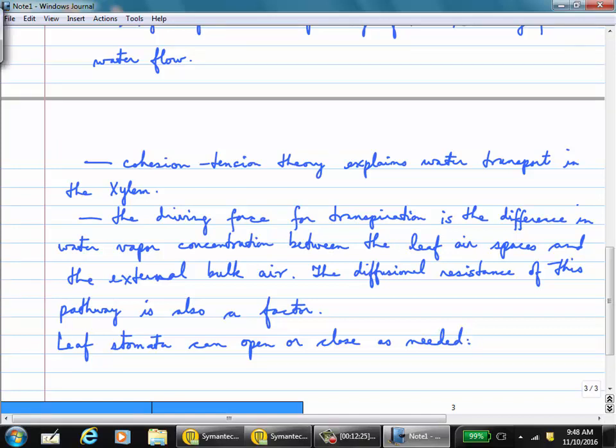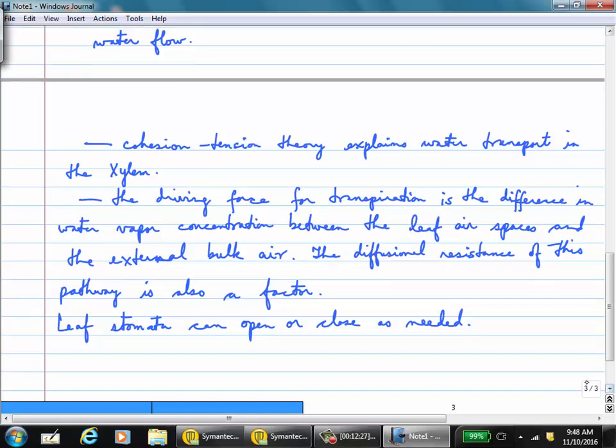And how is that achieved? That is achieved by a change of turgor pressure in the stomatal guard cells. So you have this opening called a stoma. Around it you have two cells called guard cells. If there's a lot of water inside those cells, the turgor pressure will go up, and that is going to cause the stomata to open.